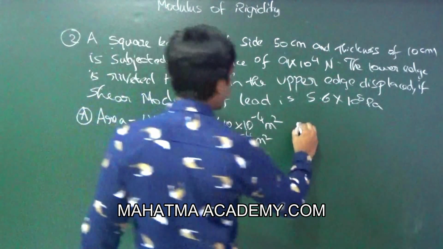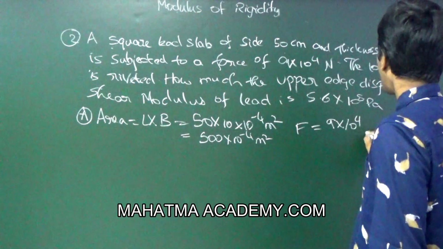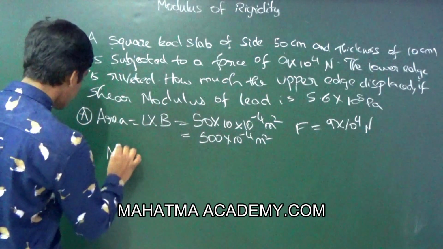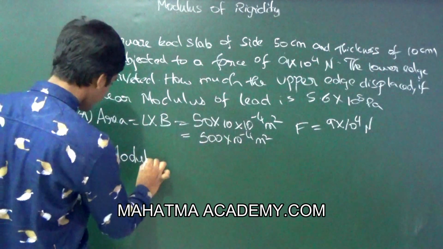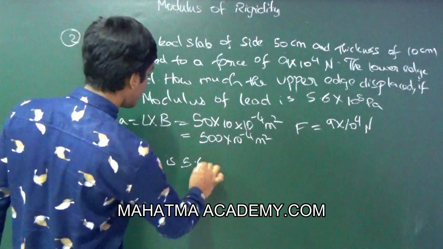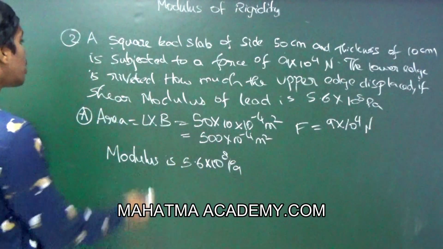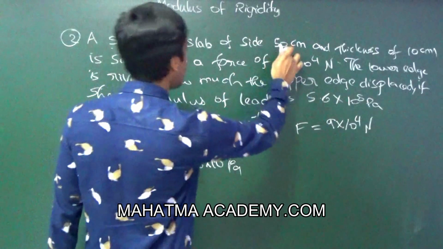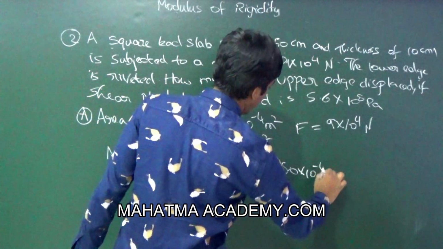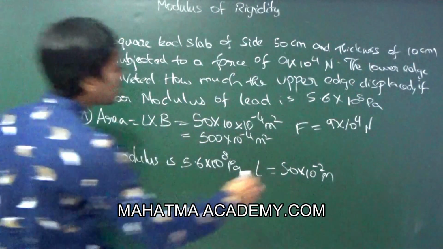And force is 9 into 10 to the power of 4 newtons, and the modulus is 5.6 into 10 to the power of 8 Pascal. Now the length is 50 into 10 to the power of minus 2 meter. Now they have given all. We want to find x.